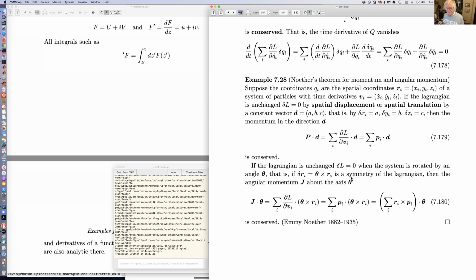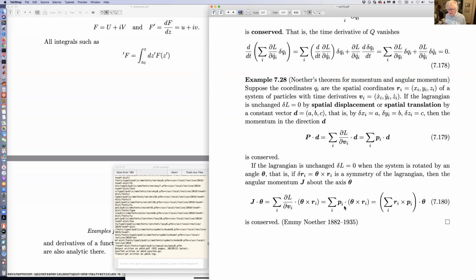And so what is the thing that's conserved? Well, the thing that's conserved is J dot theta, and I've rewritten this a little bit. J here is R cross P dotted into theta, and you can massage the dot cross product.